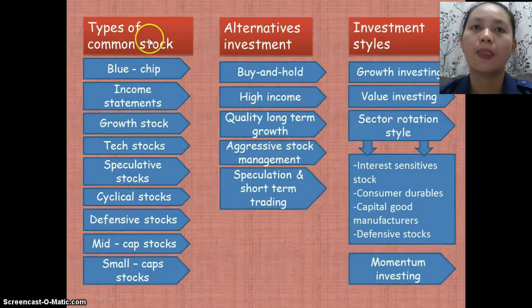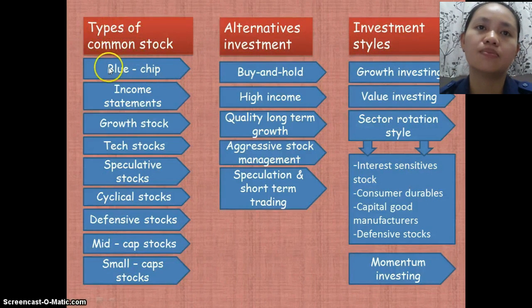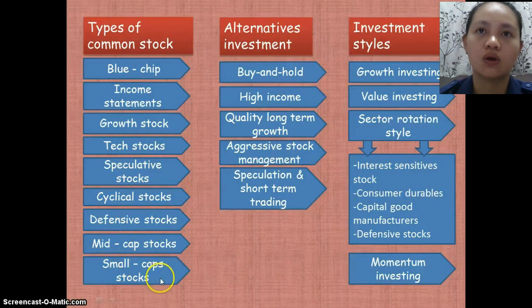Okay, these are the few types of common stock, alternative investment, and investment style. Types of common stock are, for example, blue chip, income stock, growth stock, tech stock, speculative stock, cyclical stock, defensive stock, mid-cap stock, and small-cap stock.